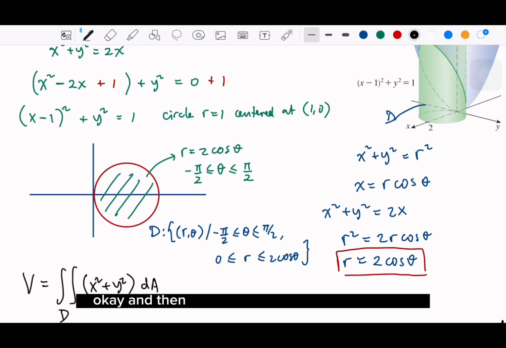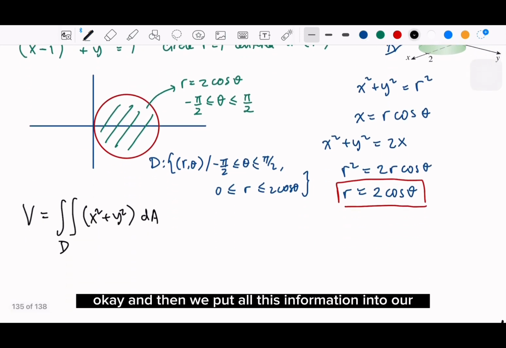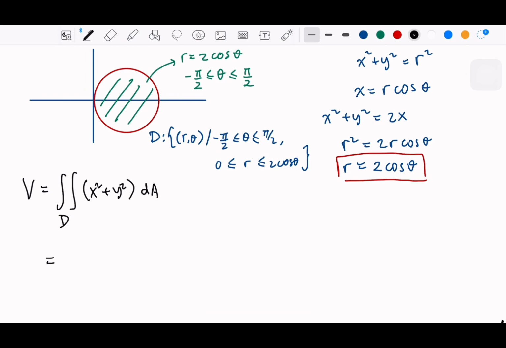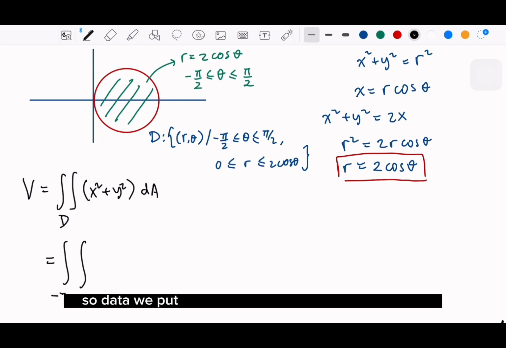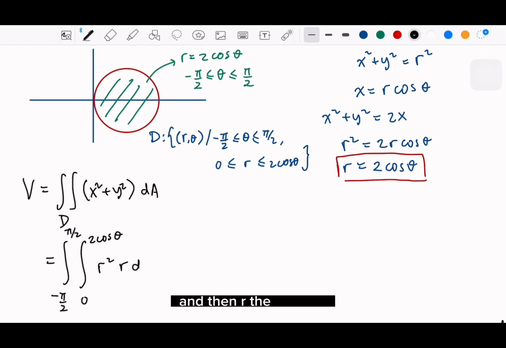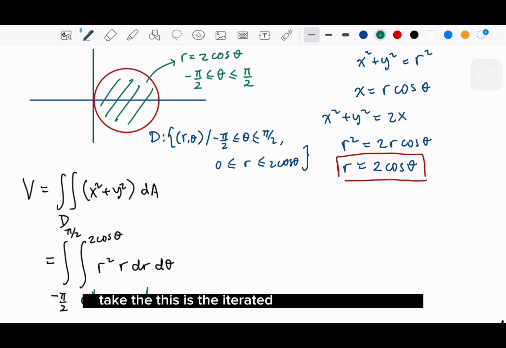Okay, and then we put all this information into our double integral. So for theta, we put negative pi over 2 to pi over 2, r from 0 to 2 cosine theta, and x squared plus y squared becomes r squared, and then r dr d theta. So as usual, we start from the inside, the iterated integral.